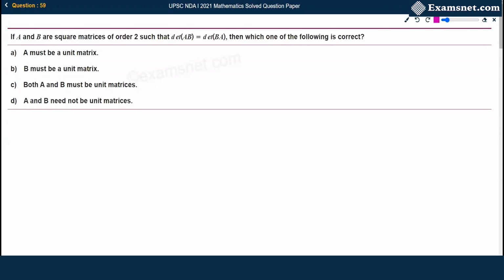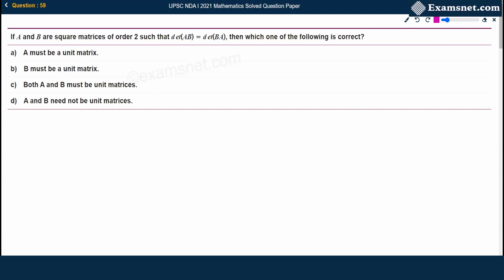In question number 59, it is given that if A and B are square matrices of order 2, such that determinant of AB and determinant of BA are equal, then which one of the following is correct?